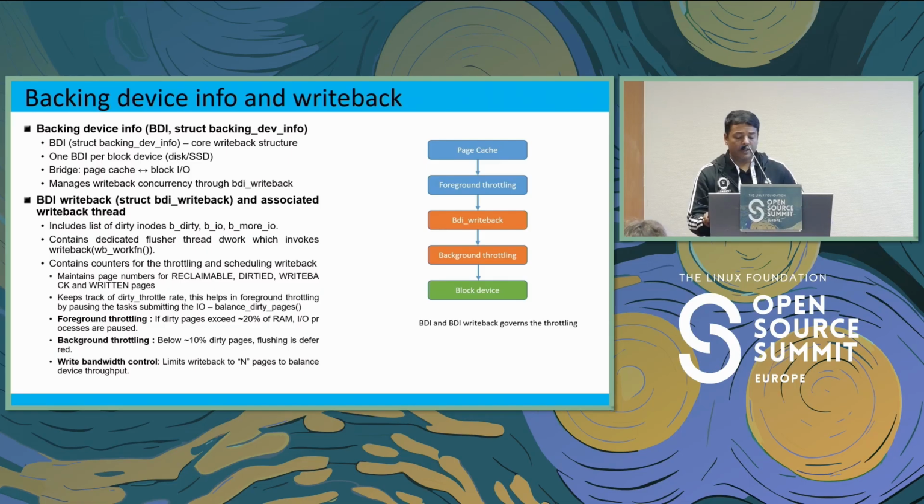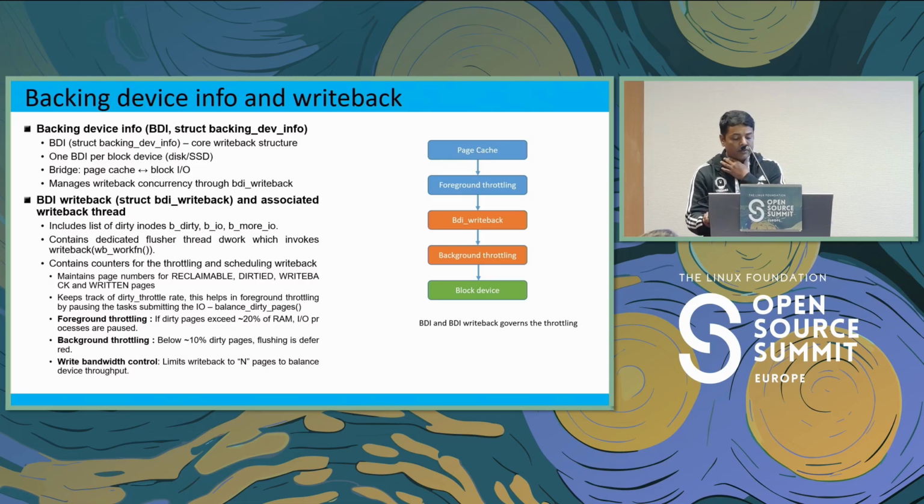The BDI writeback is the structure which is contained inside the backing device info structure. The various lists of inodes which I was talking about are present in the BDI writeback structure. It also contains the flusher thread, dwork, which is the thread which executes the code of the writeback. Also, it has counters for throttling and scheduling the writeback.